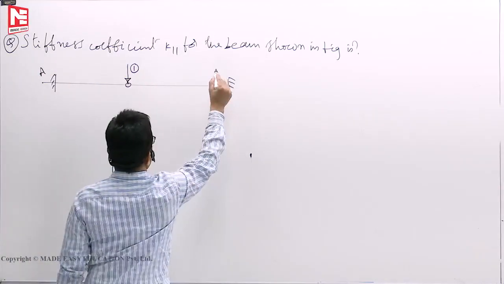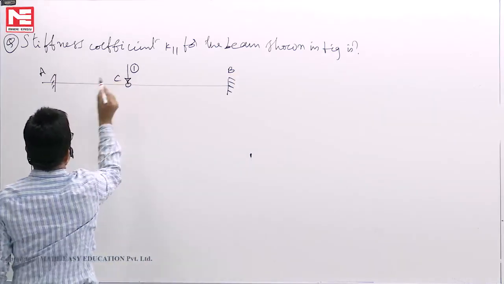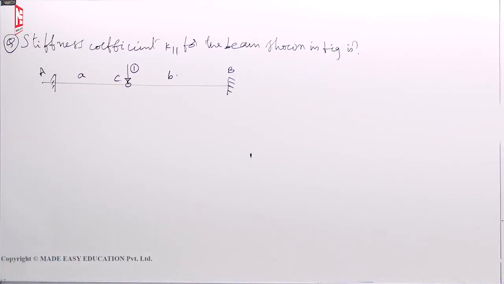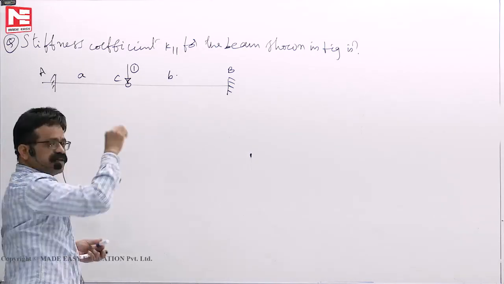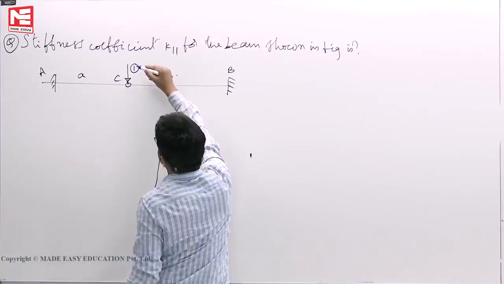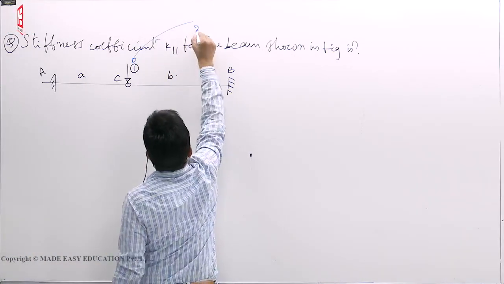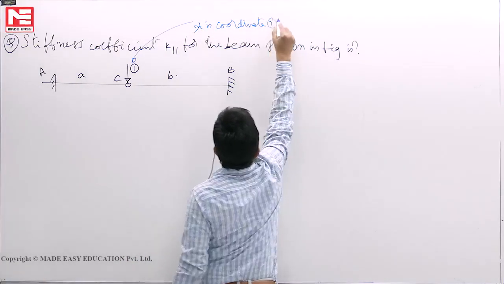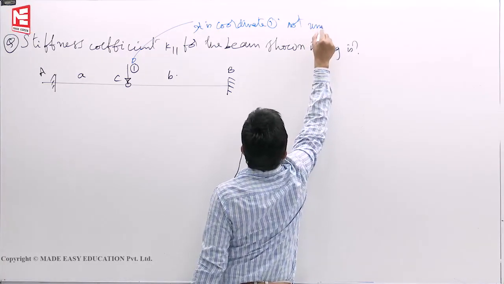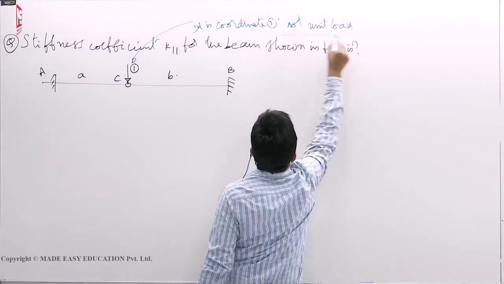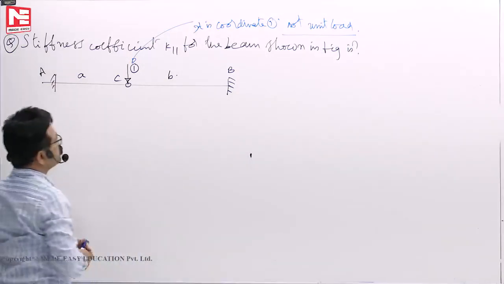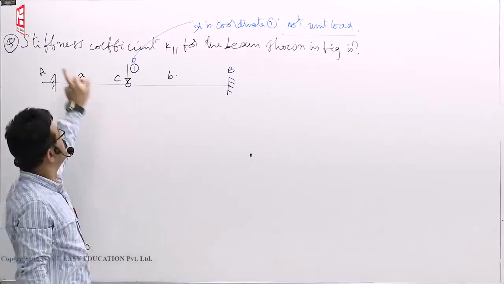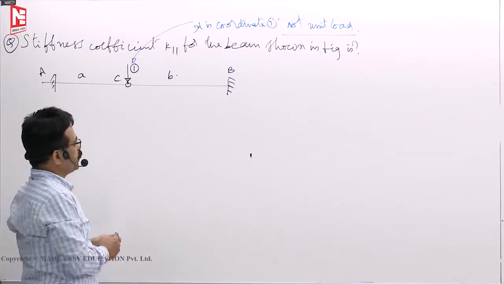This point let us say A, B, some C. This distance is a, this distance say b. Here 1 is not a unit load, it is coordinate 1, not a unit load. So on this beam, with respect to this coordinate system only, you must give the stiffness coefficient K11.